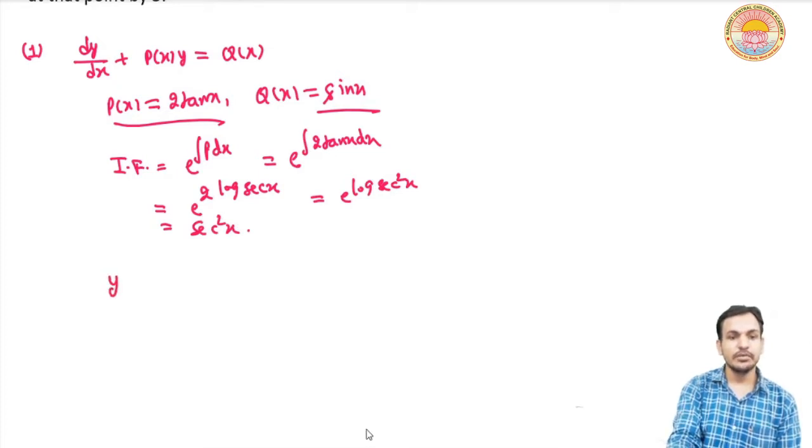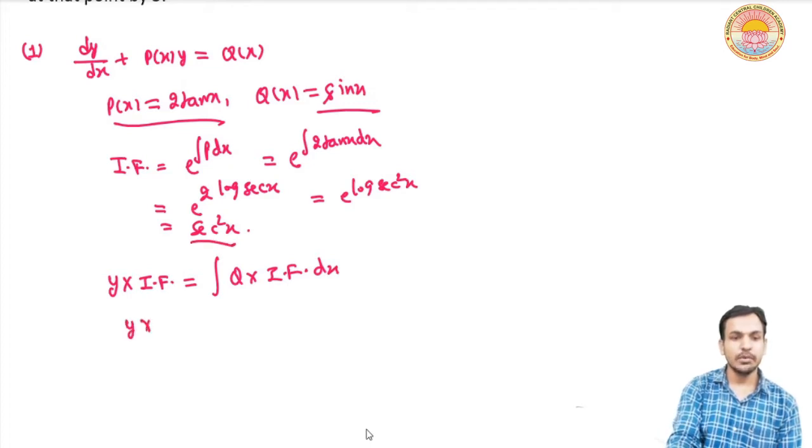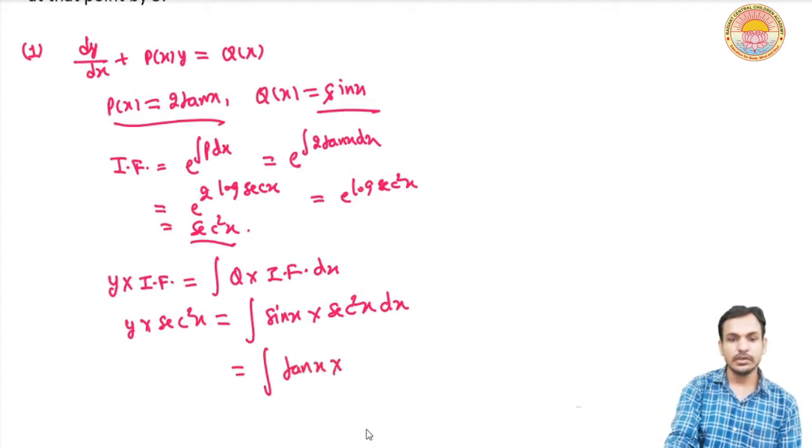Now we will write y into integrating factor is equal to integration of q into integrating factor dx, and in place of integrating factor we have sec square x, so we will write y into sec square x is equal to integration of sin x into sec square x dx, and this can also be written as sin x upon cos x, that is tan x into sec x dx, and integration of sec x tan x is, we know that it is sec x plus c.